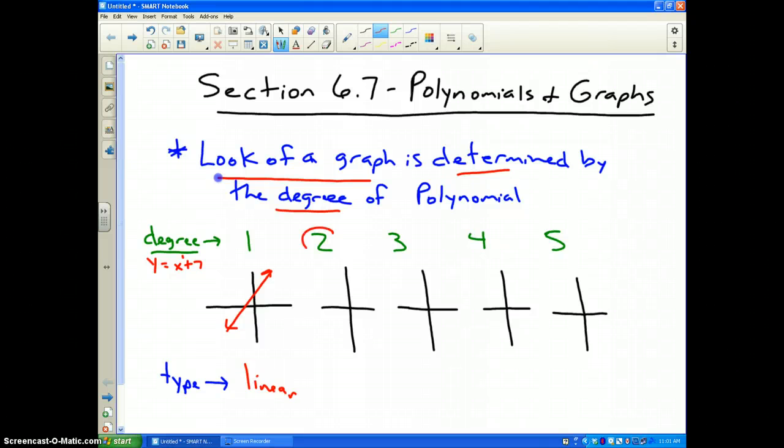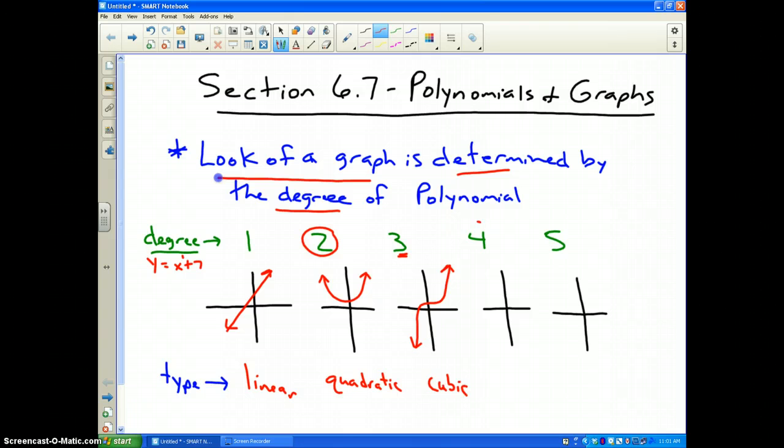If its degree is 2, that means it's a quadratic equation and it will make a parabola. If the degree of the polynomial is 3, it will make a graph that has a bend in it that looks something like that. That is called a cubic equation.